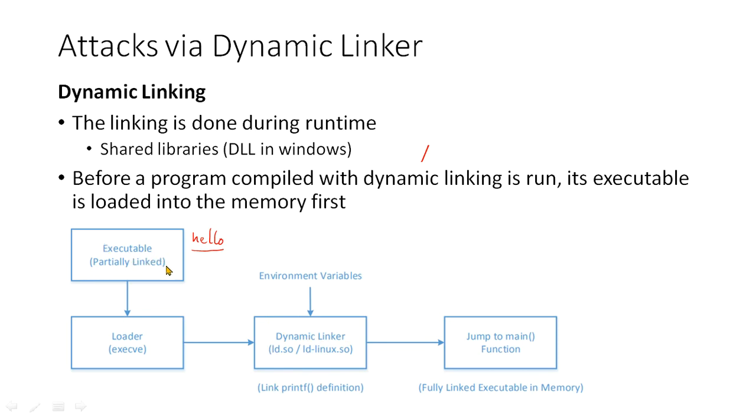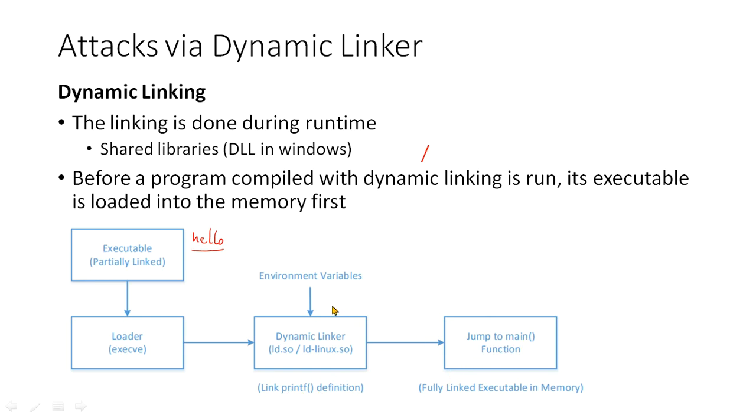So our program now knows the address of the printf function, and after the dynamic linkage, we jump to the main program to execute the code, because the code now knows where the printf function is. So when the main function here runs, it jumps to the printf and prints out.